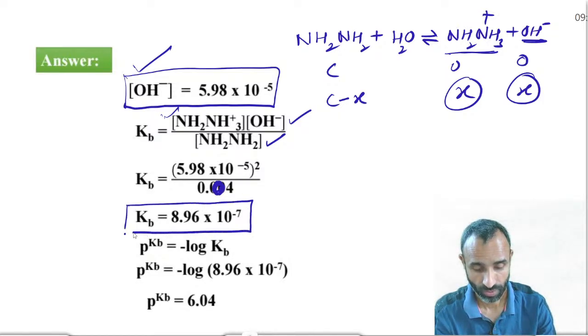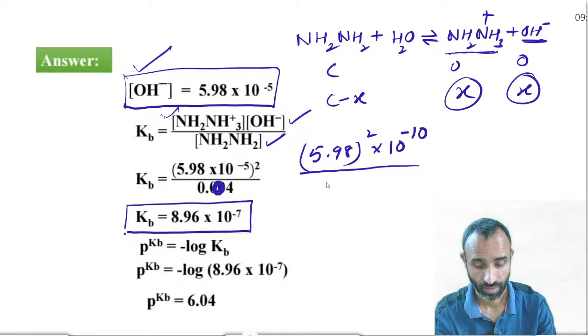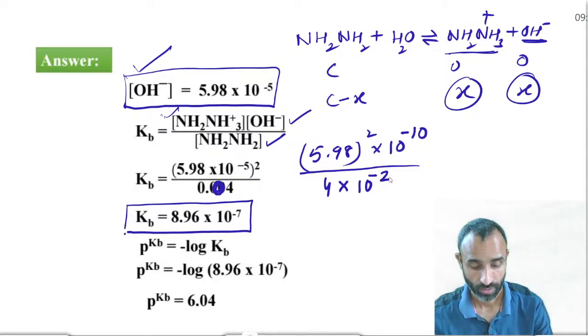I hope the answer is correct. 5.98 twice into 10 raised to power minus 10 divided by 4 into 10 raised to power minus 2. What is the value?